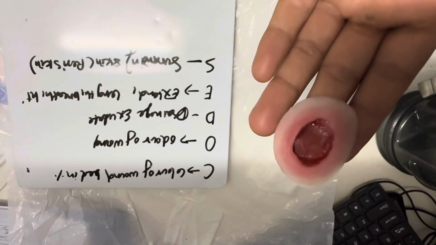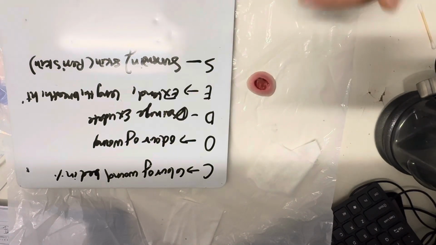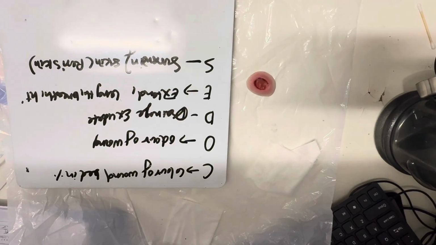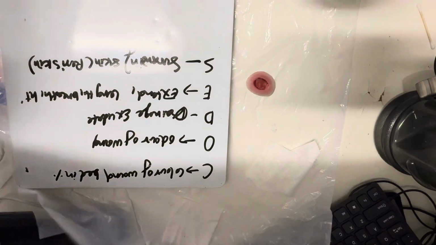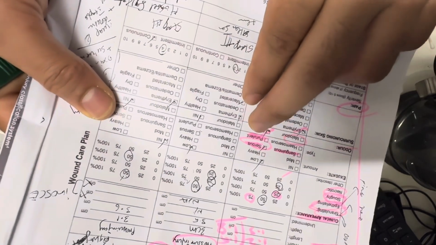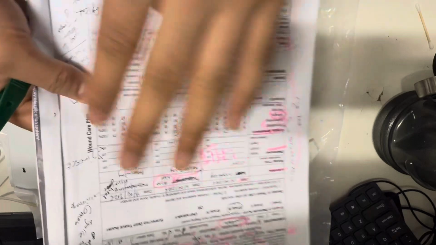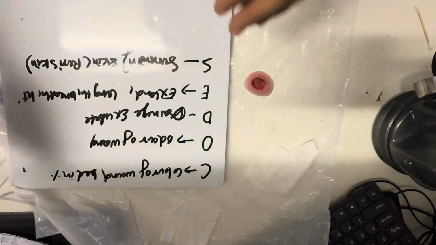And the other one we have is drainage. That means exudate, any kind of leaking out of a wound, right? So what are the options? You have to understand that as well. I have already made a video on this whole thing, so you have to watch that video I have already uploaded. The types of exudate are serous, purulent, hemoserous, and sanguineous, right?